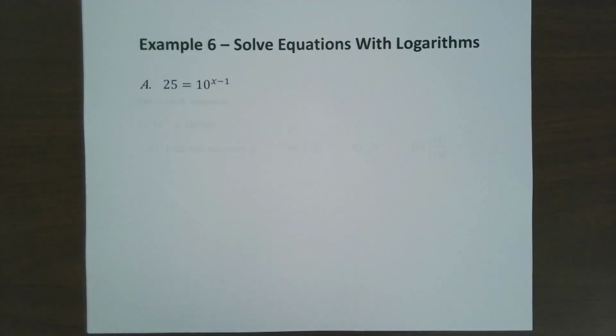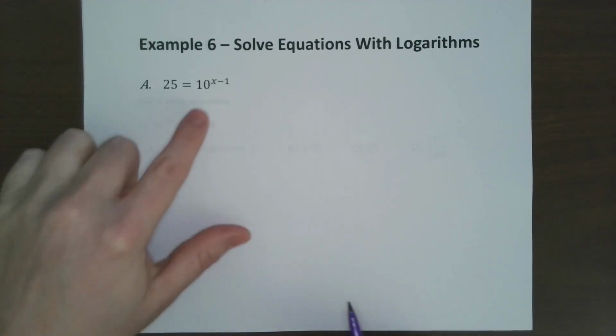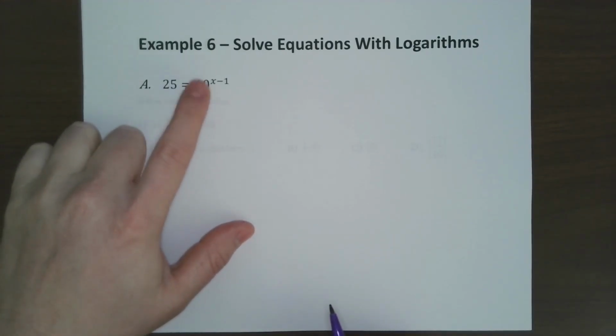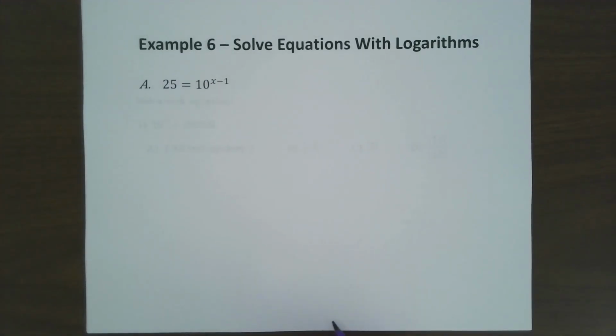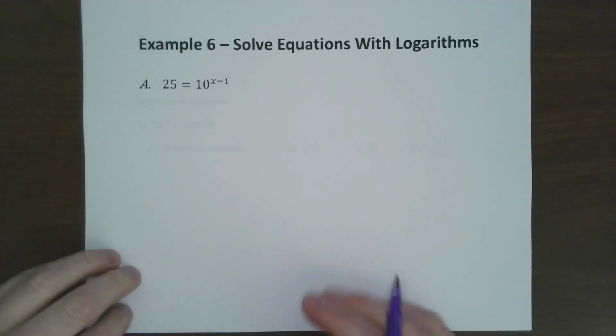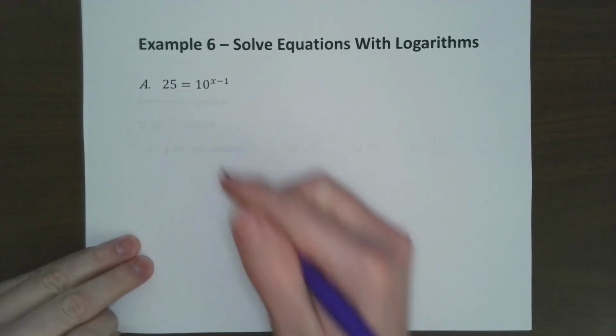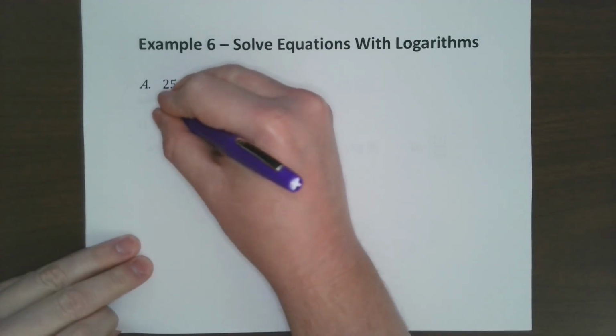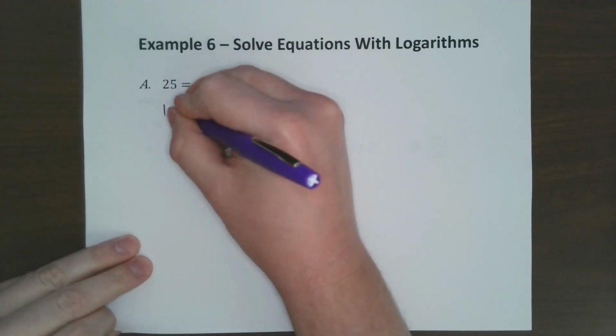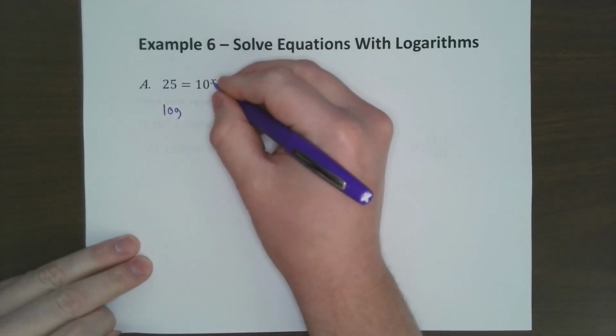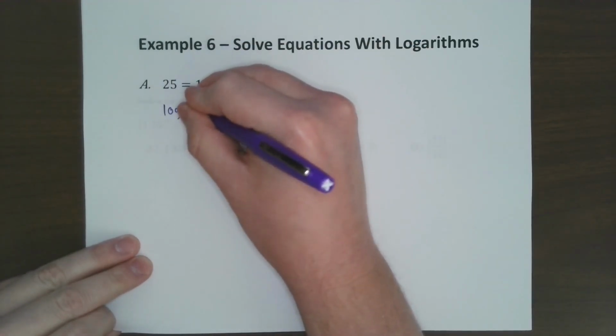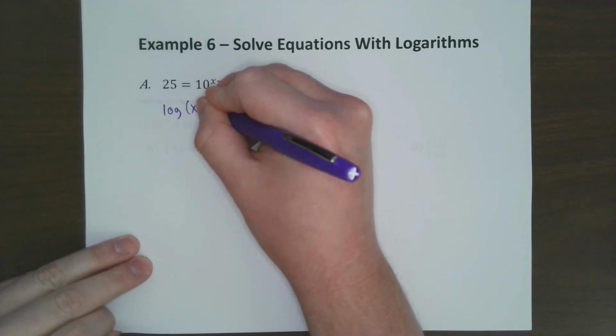Okay, how do we solve an equation with logarithms? Well, if we notice this is base 10, which means log can actually solve it. So if you log both sides, or let's rewrite it as log base 10 or just log, we're going to flip-flop them.